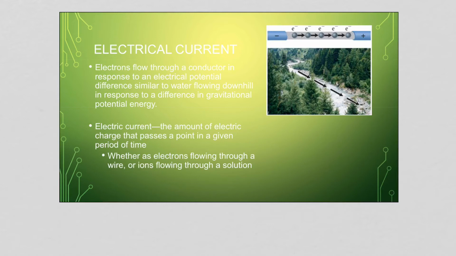So if we think about current in a river, we think about the flow of water, and we have this idea that if we have a fast current, that means more flow. So a high current means more flow. The same thing in electrical. So electrical current is the flow of electrons through some conductive material like a wire.